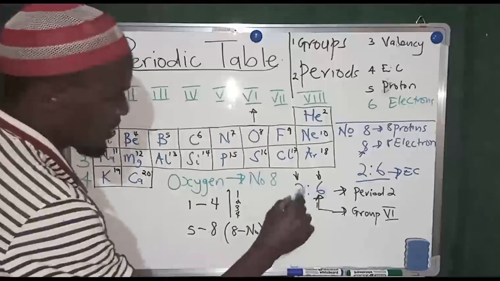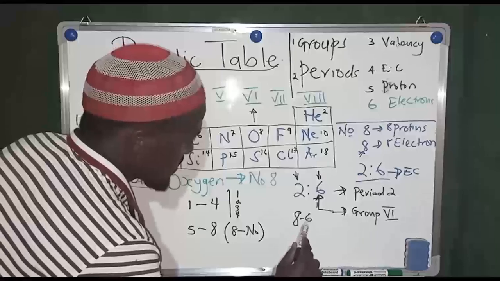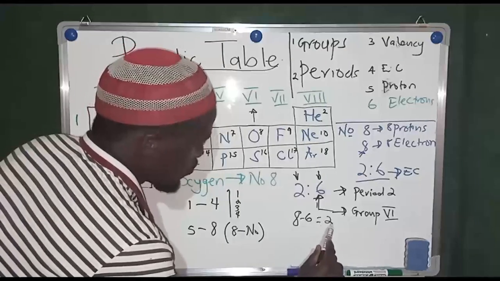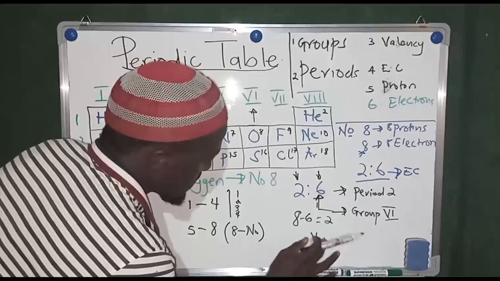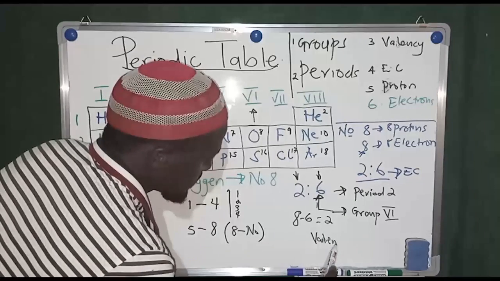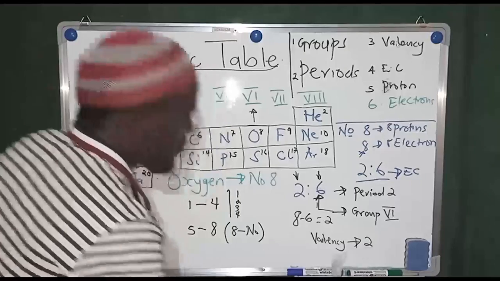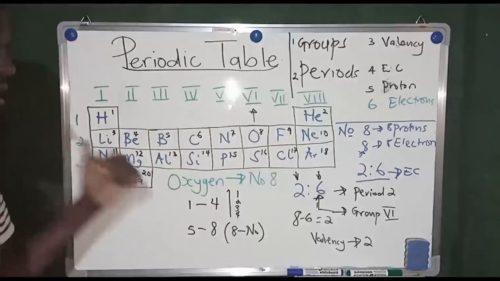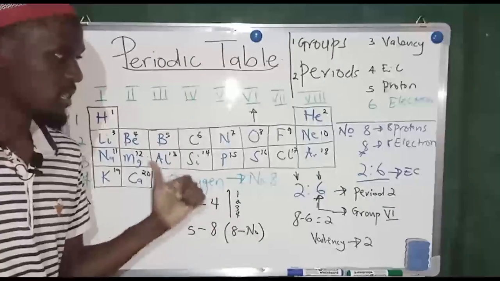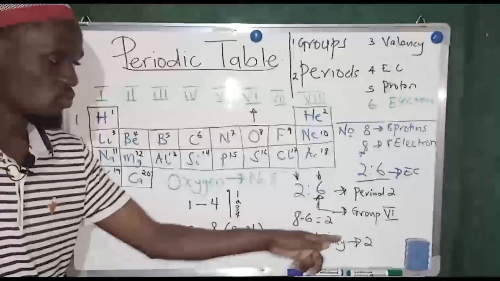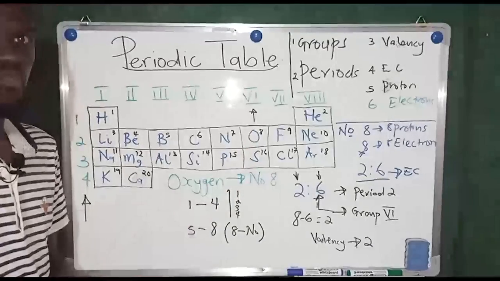For example, we are having 6. So I'm going to say 8 minus 6. That will get a 2. So the valence is 2. If you see in the first episode, the valence was 2 on the oxygen atom.